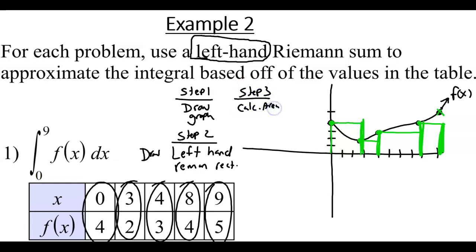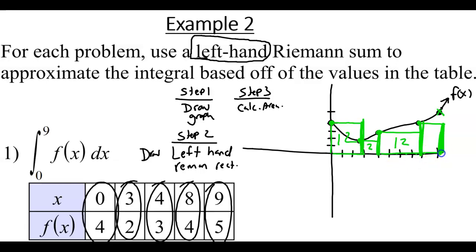And that's pretty easy. We just want to find the area of each one of these rectangles. So my first rectangle has a base of 3 and a height of 4, so that's an area of 12. My next rectangle has a base of 1 and a height of 2, so that's 2. My next rectangle has a base of 4 and a height of 3, so that's 12.